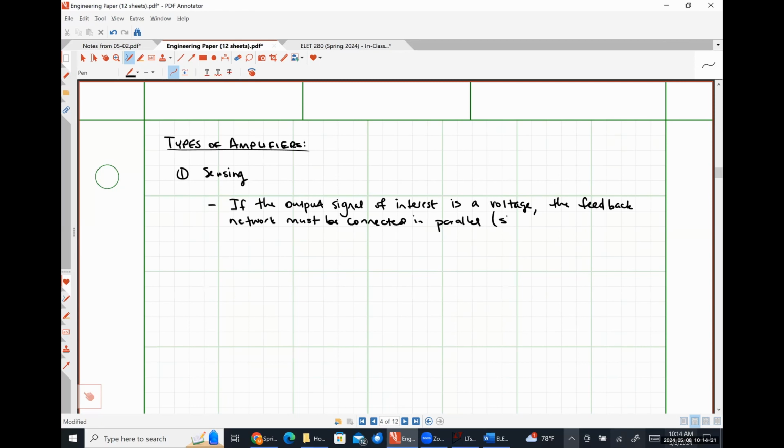I'm going to put a word here you may have heard before. We commonly call this placing the feedback network in shunt with the output.